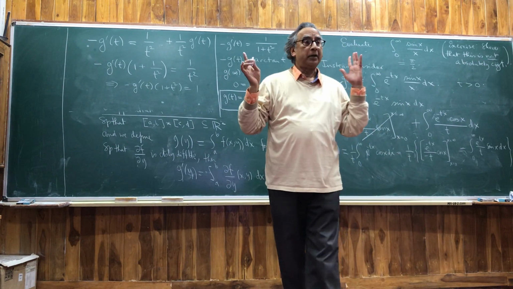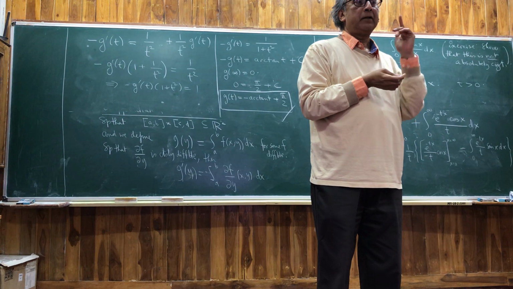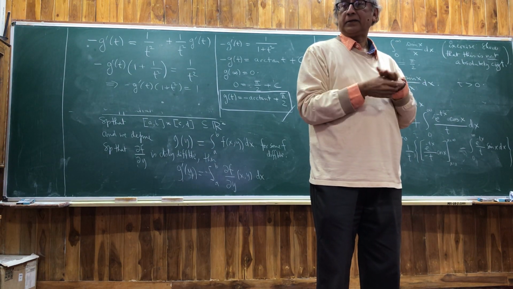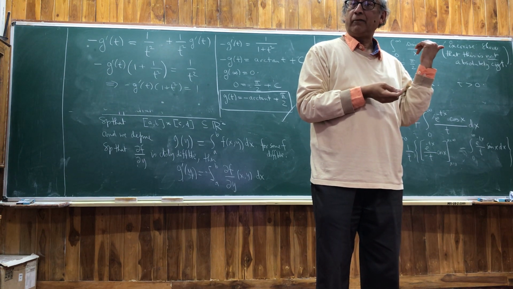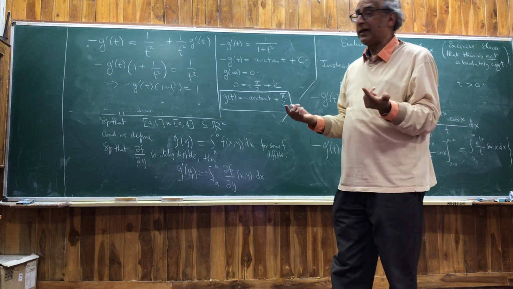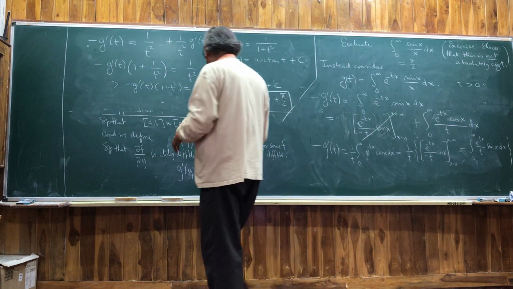Check any book in harmonic analysis, Fourier analysis. You will find this calculation done using complex analysis. It's not a trivial calculation. But this is pretty straightforward. I mean, of course, I'm using Lebesgue theory, which is important. So it simplifies life considerably.